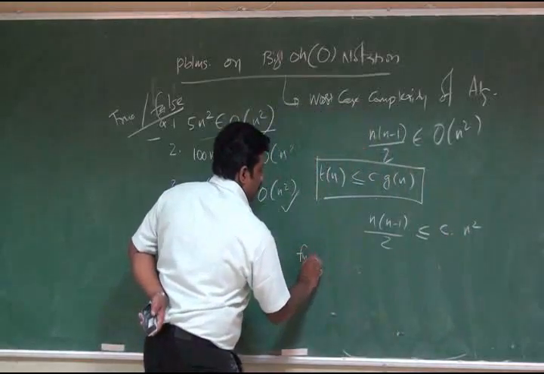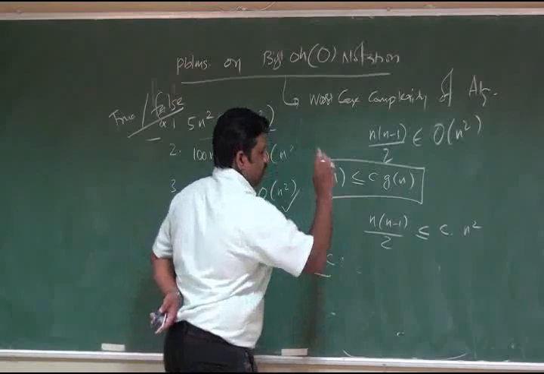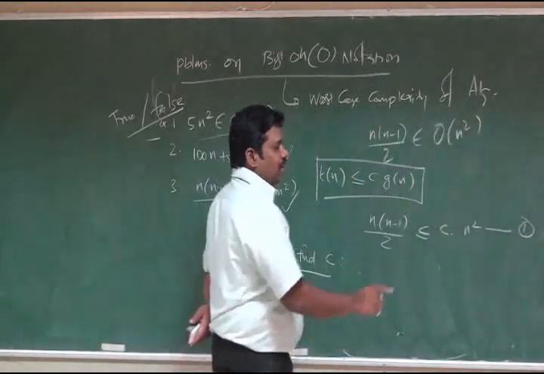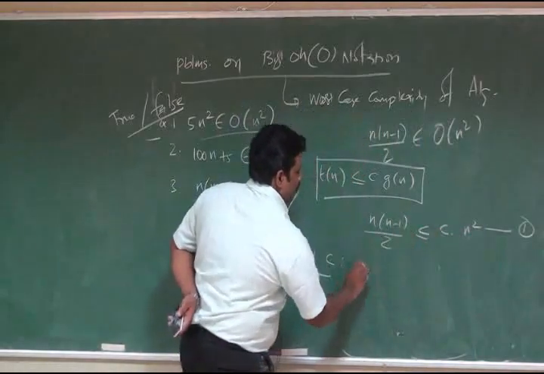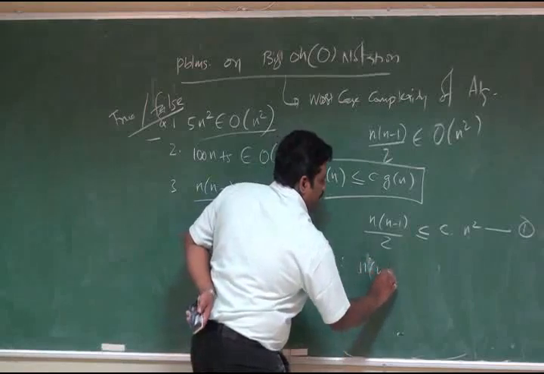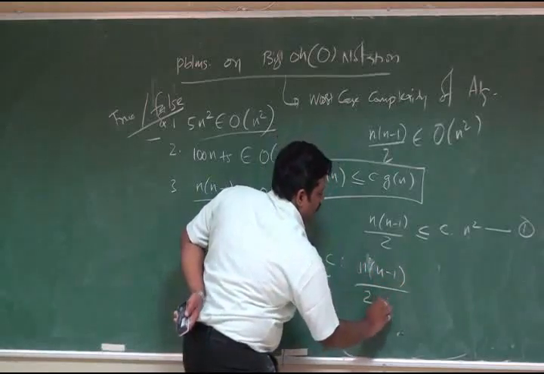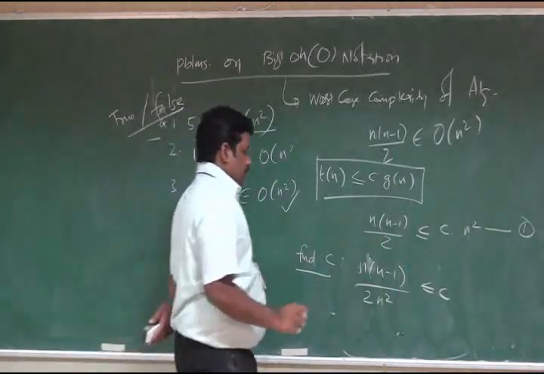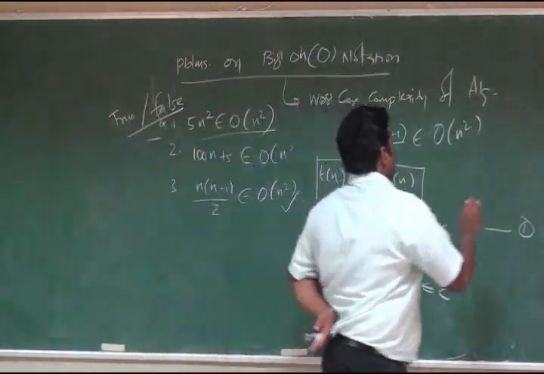Now you have to find the value of the constant. So convert equation number 1 into C equivalent form: n into n minus 1 by 2 n square less than or equivalent to C.